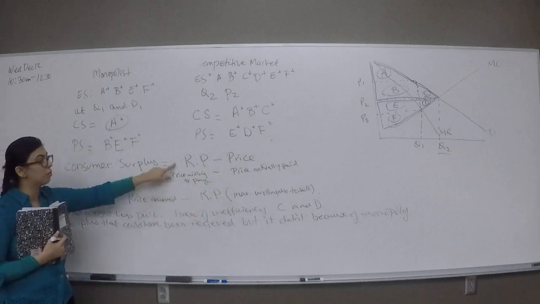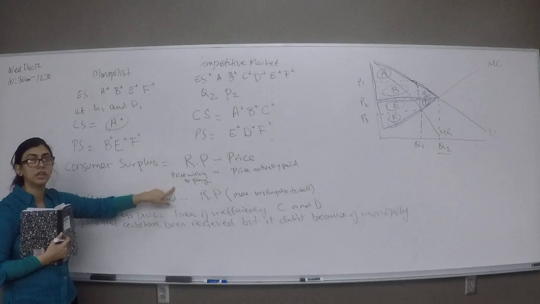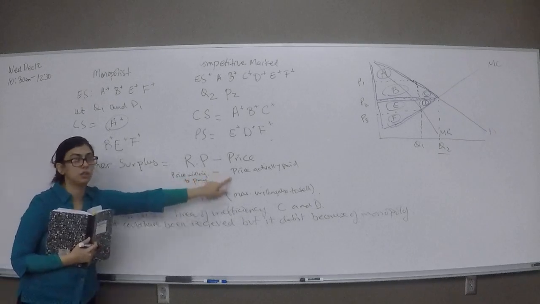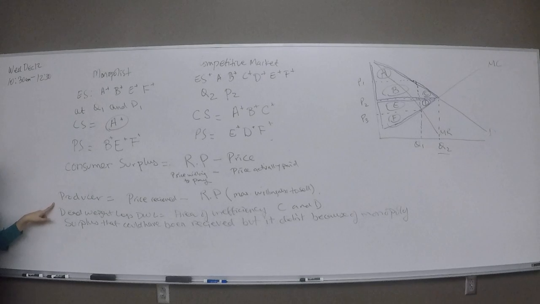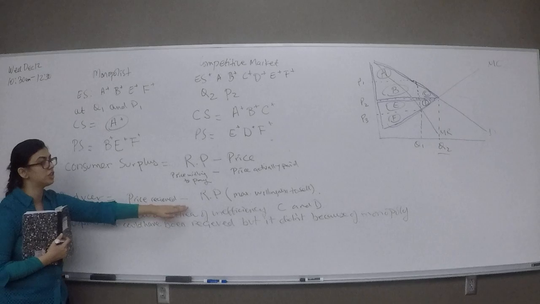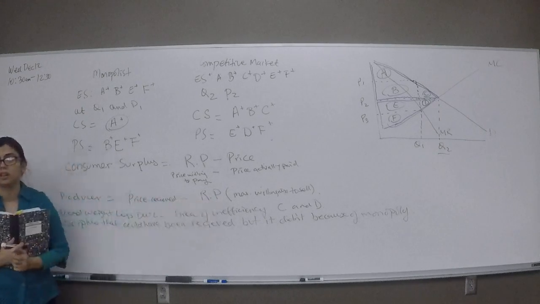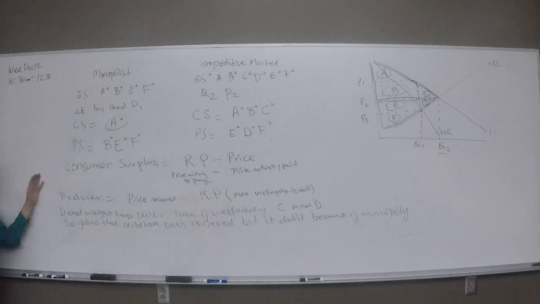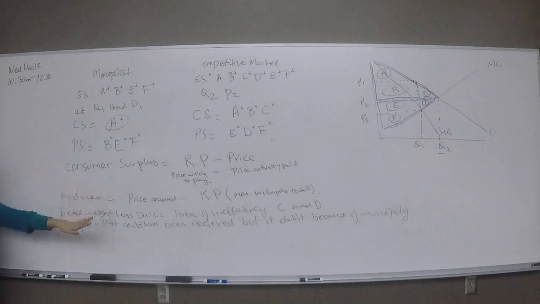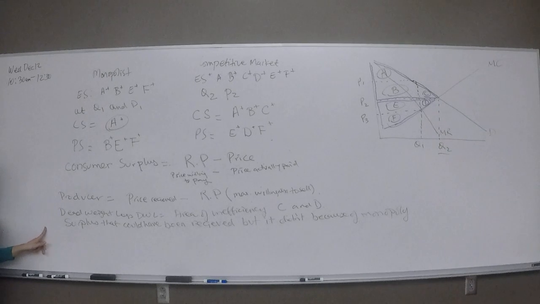And producer surplus or producer net benefit is price received minus reservation price or maximum willingness to sell. I'm reviewing this because in the next couple of classes, we're going to change some things with producer surplus and consumer surplus to show how to decrease the deadweight loss.